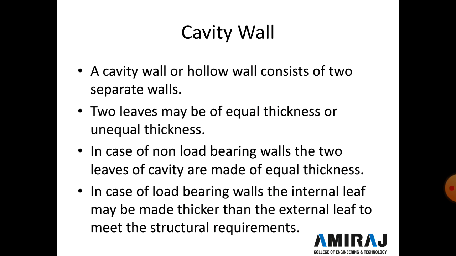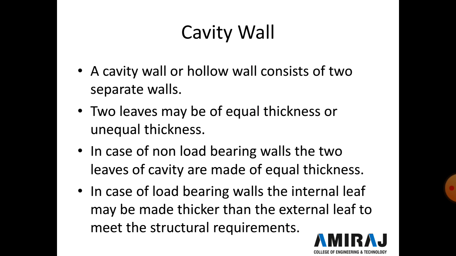Here the inner leaf and outer leaf, or inner cavity wall and outer cavity wall, both have equal wall thickness. Like if we take 20 centimeter thick, both leaves are 20 centimeter thick, and if we take 30 centimeter, both leaves are 30 centimeter thick. Now in the case of a load bearing wall, what is a load bearing wall? In a load bearing wall, all the loads are transferred from the wall to the foundation to the soil.